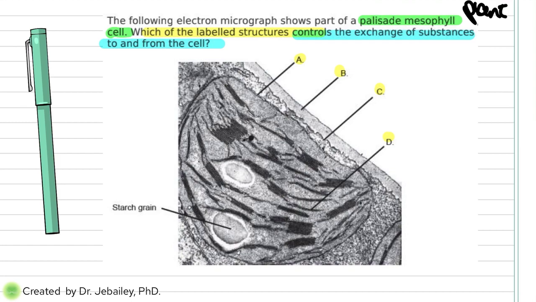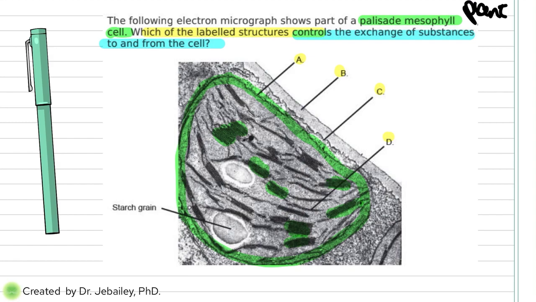So what we have here is one side of the picture. For those who don't know this, if you look at this shape right here, this whole drawing, this is a chloroplast. And in the chloroplast, you can easily see the thylakoids, the grana here, right?